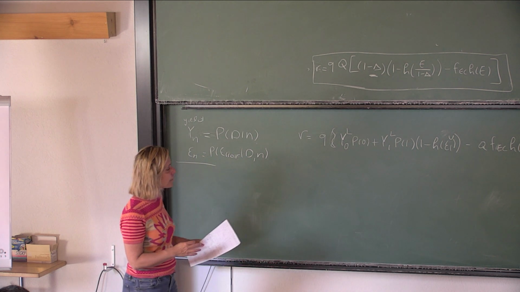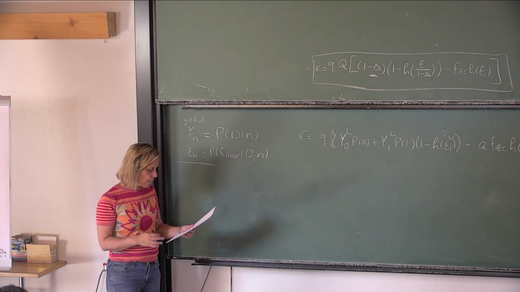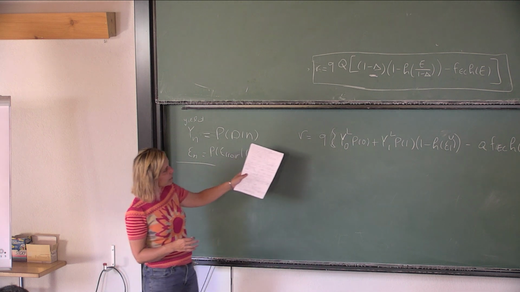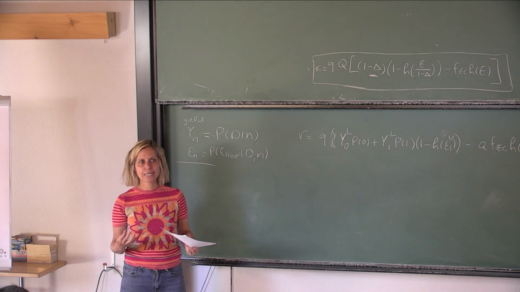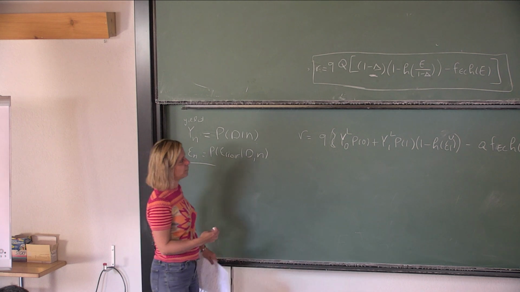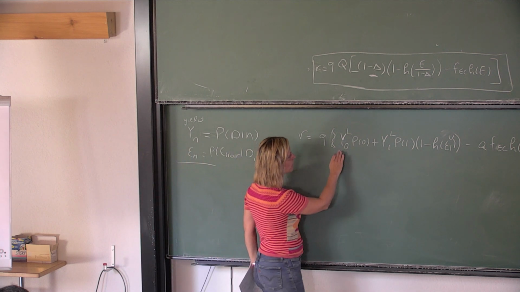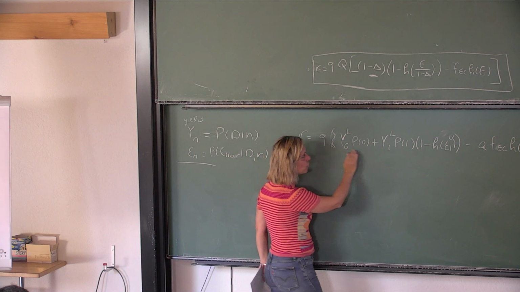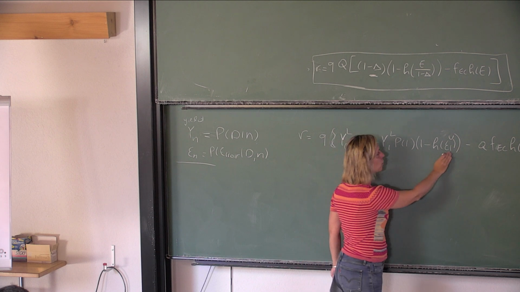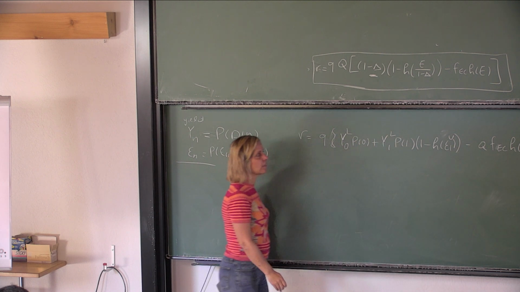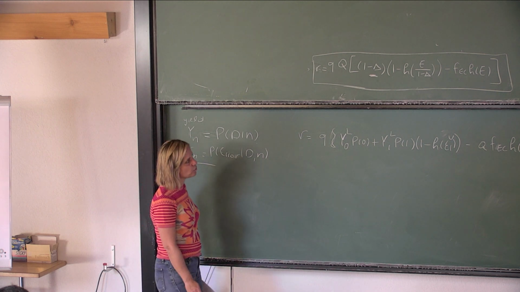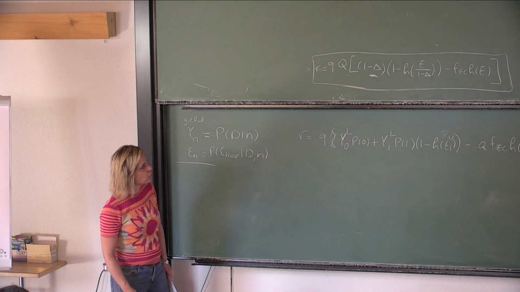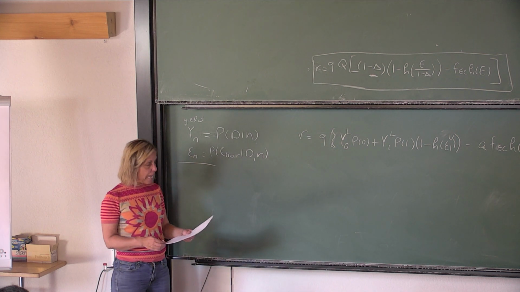And given all of this, they need to somehow bound these values so that they can estimate how much information has leaked to Eve. So they need to find a lower bound for this yield, the 0 photon, for the single photon, and also upper bound the quantum bit error rate that is due to single photon states.